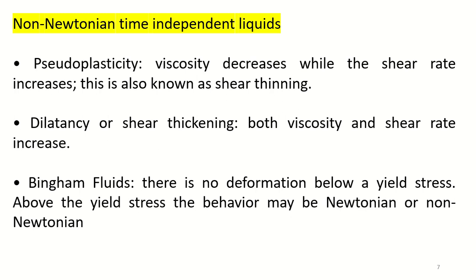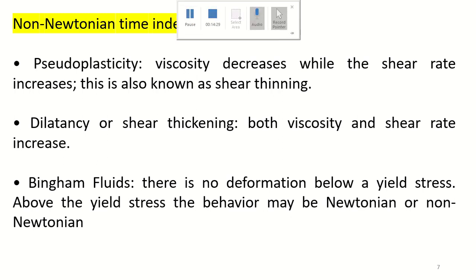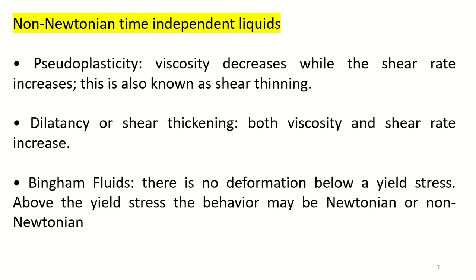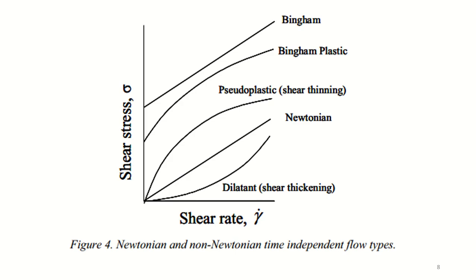Above yield stress, the behavior may be Newtonian or non-Newtonian. This figure 4 actually summarizes the Newtonian and non-Newtonian time independent flow types.